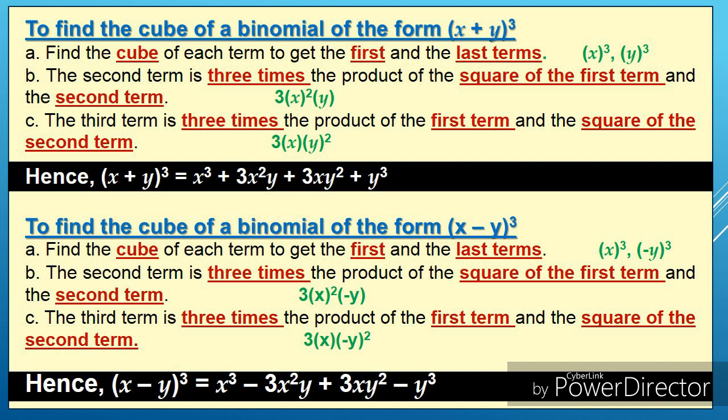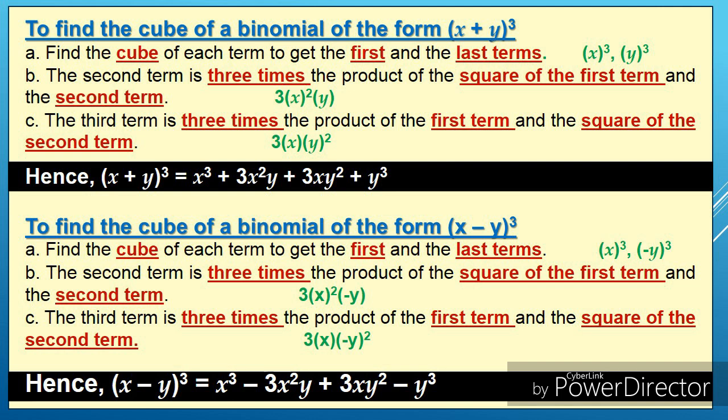And letter C, the third term, is 3 times the product of the first term and the square of the second term. Or we have 3 times x times y squared. Okay, hence we have this one, the quantity of x plus y cubed is equal to x cubed plus 3x squared y plus 3xy squared plus y cubed.